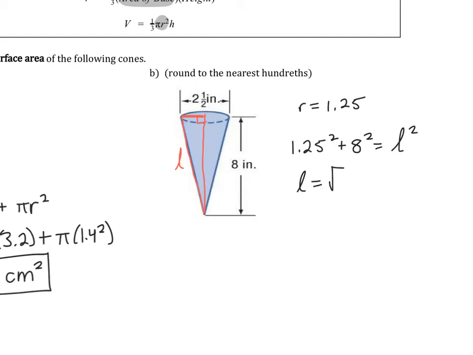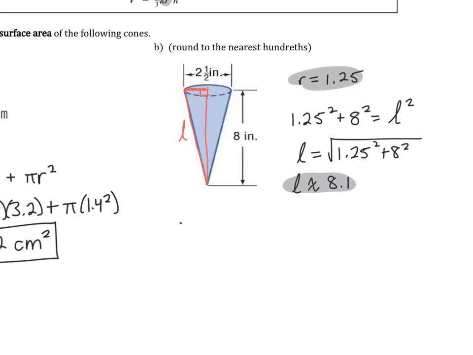So our slant height is the square root of 1.25 squared plus 8 squared, which is approximately 8.1 inches.